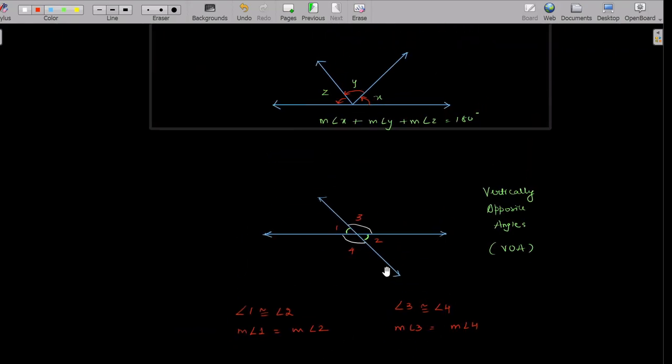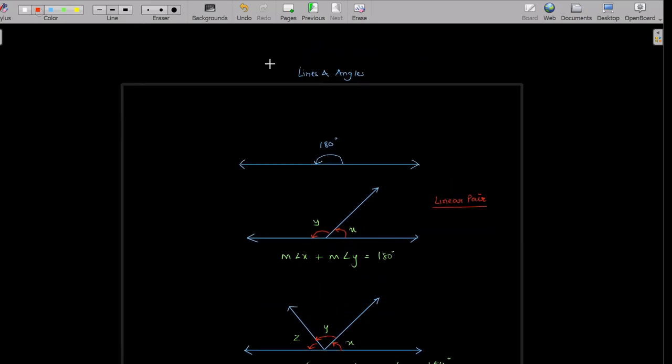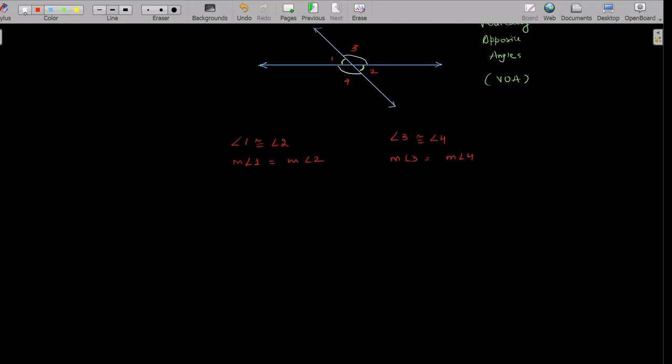Okay, so these are some pairs. Then there are two more types of angles, which are called supplementary angles and complementary angles. These are not necessarily observed between lines.